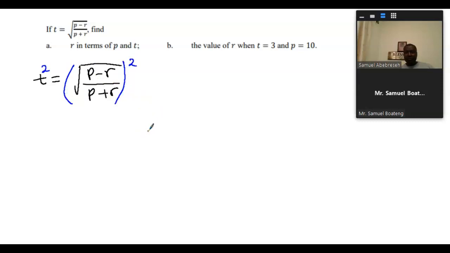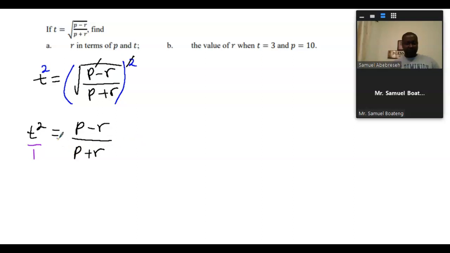Now, when you square, on the left-hand side we have T squared equal to P, the square will cancel the square root, over P plus R. Good. So with this, once again, on the left-hand side, we have T squared, and this is over 1.